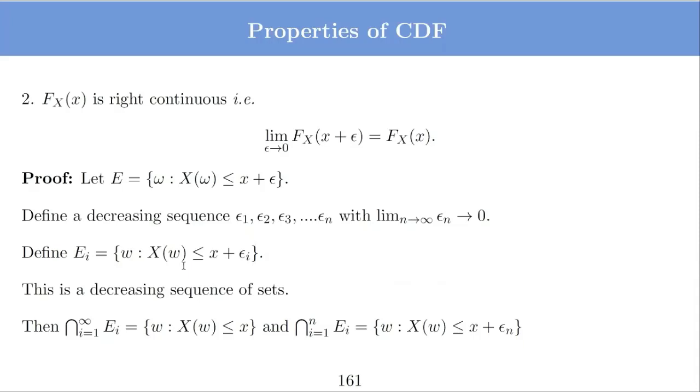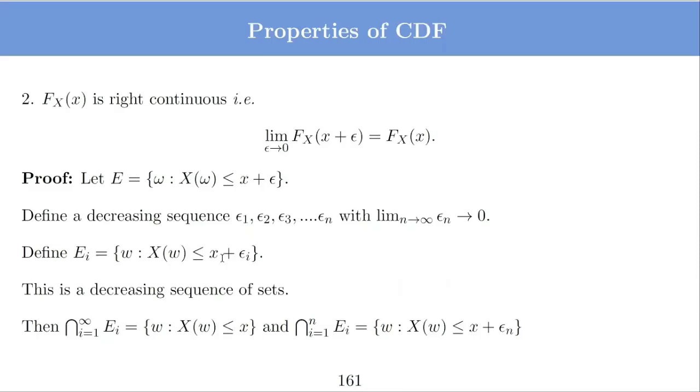Since epsilons are positive numbers, it's a decreasing sequence, but it always is more than 0. So this set will always include x, and all the numbers below it. It will include all omegas which map to x or a number lower than this, and of course some more depending on the value of epsilon i.